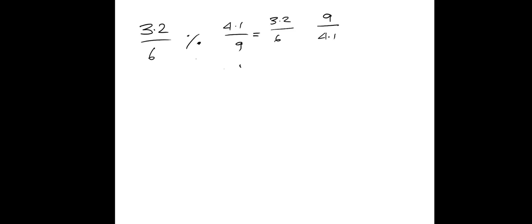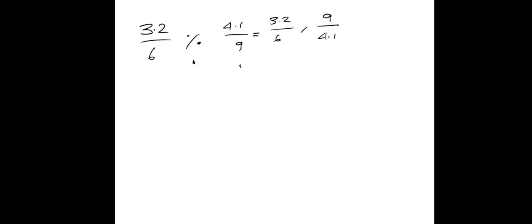Okay, what about this then? Let's say 3.2 over 6 divided by 4.1 over 9. Well, it's exactly the same thing. 3.2 over 6, and the second number here gets flipped, so now that's 9 over 4.1.